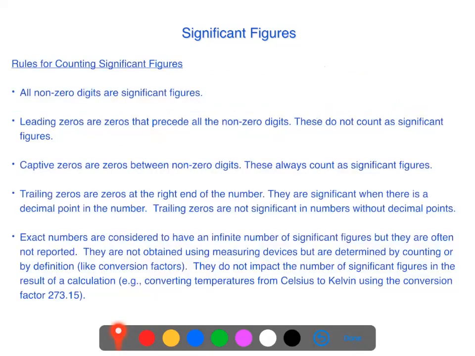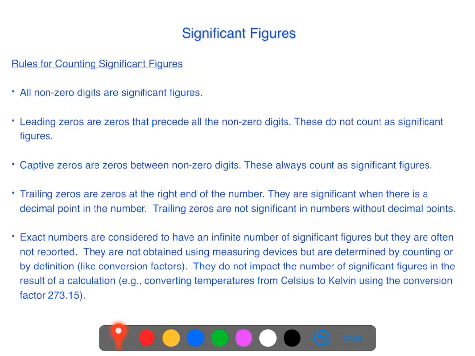So let's first look at the rules for counting sig figs. There are 5 different rules that we should consider. The first is that all non-zero digits are significant figures. The second is that leading zeros are zeros that precede all the non-zero digits. These do not count as significant figures.